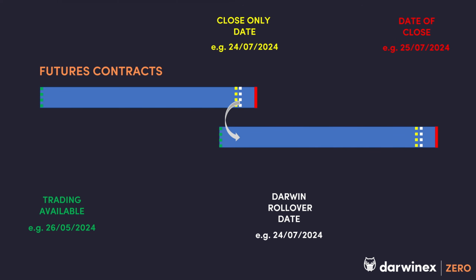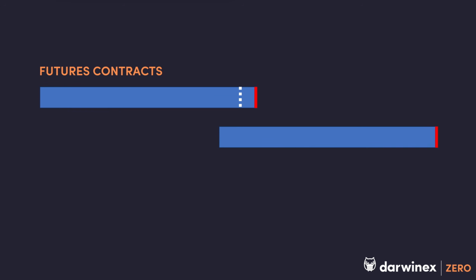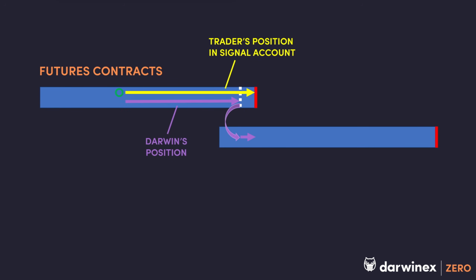For complete clarity, let me walk you through a scenario that would occur if a trader decided to let their exposure in a contract get automatically closed by the platform at the close date, but didn't want to roll over and therefore didn't open a new position in the next contract. When this is the case, by the time the trader's exposure reaches the close date, the Darwin will have already rolled over into the next contract.